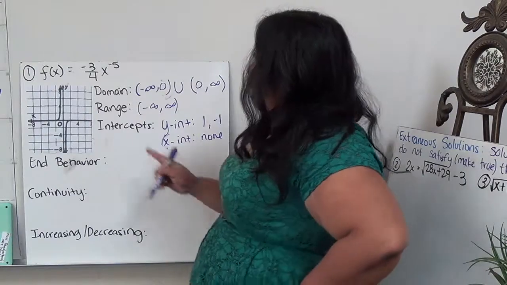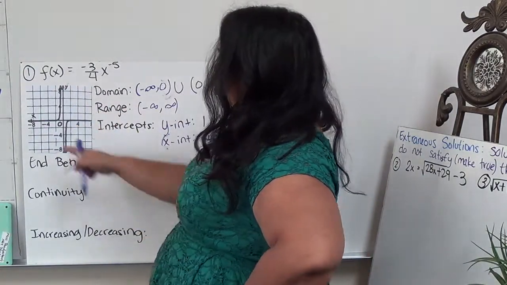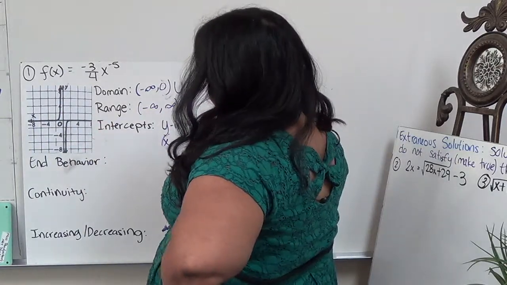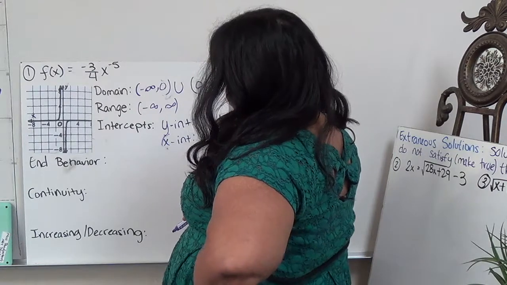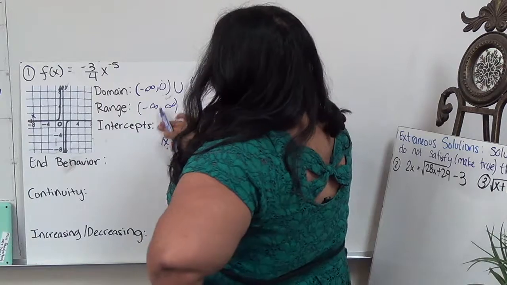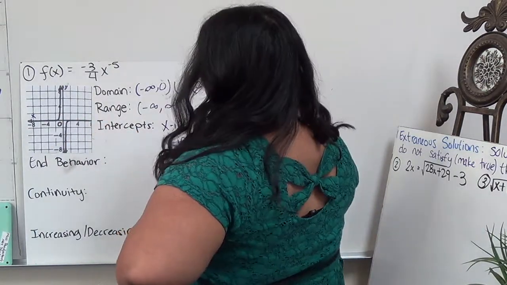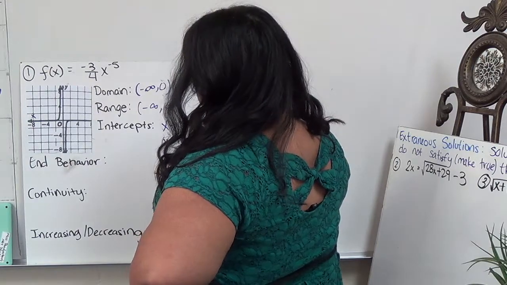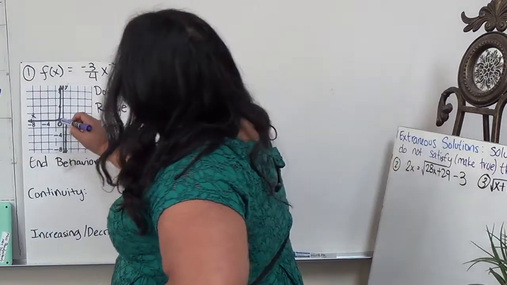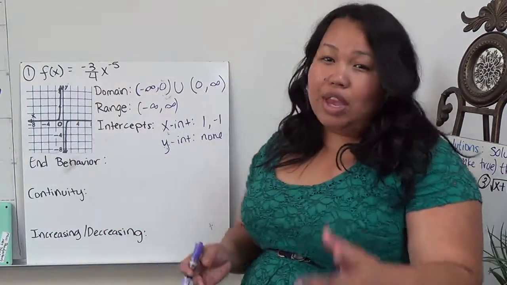Now, the end behavior, the goal is to approach 0. I'm sorry, it's the other way around. The x-intercept hits 1 and -1, right here. But the y-intercept, it never hits it because it gets so close. That might be a little confusing. I'll clarify that in class.